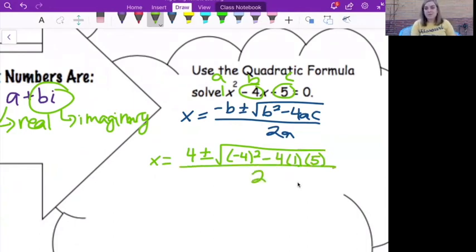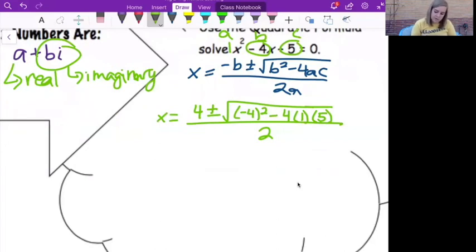Now, if we were to type this into our calculator, we would come up with a big error because we're going to have a negative underneath the square root. If instead you want to put just this without the square root into your calculator, you can do that. I'm also going to show you how we would simplify this without using a calculator at all. But again, you can use your calculator to put what I highlighted in blue in to see what's going to be underneath the square root.